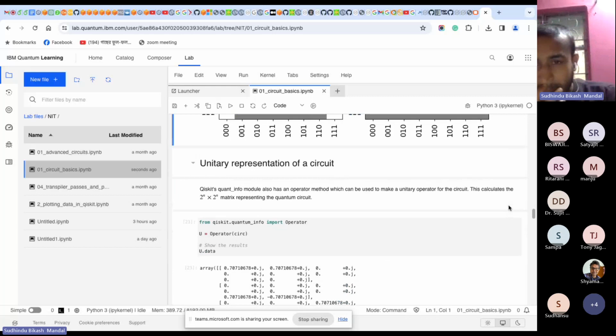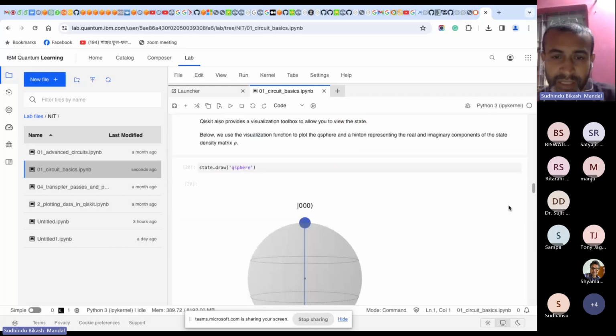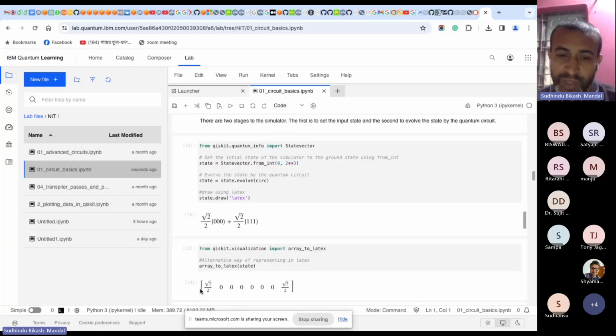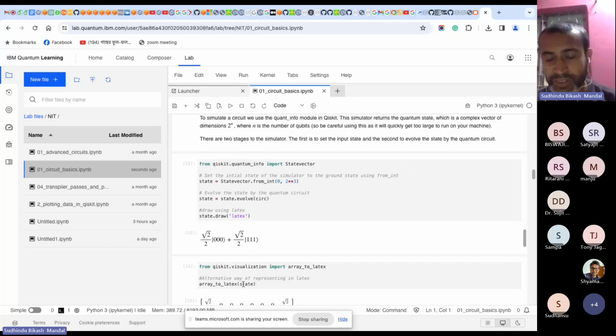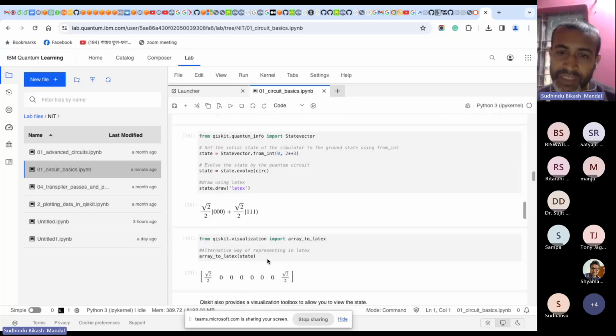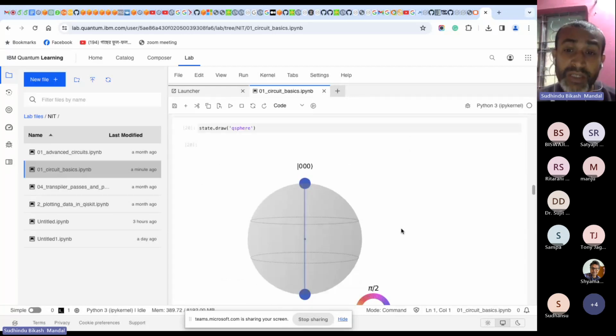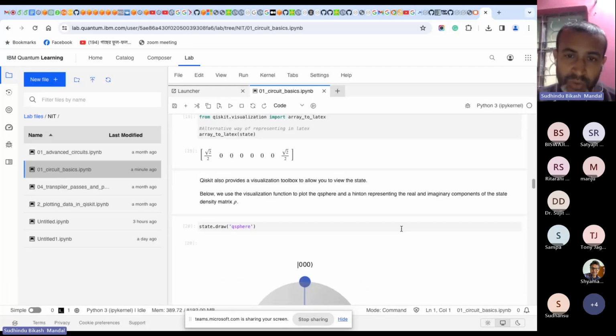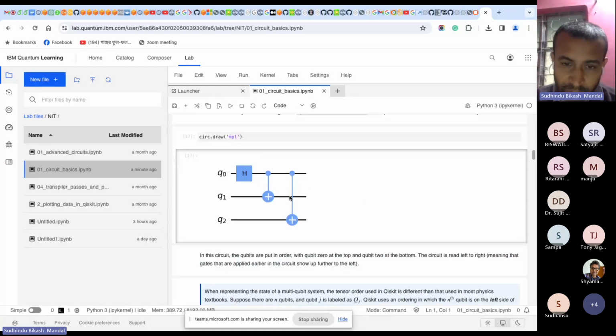And another thing: this state vector simulator gives you the outcome of the quantum state after computation, from the initial state to the final state. You can check what the final state will be by state vector. But if you want to check the matrix of this total operator, this one is our initial state, we apply this quantum operator.